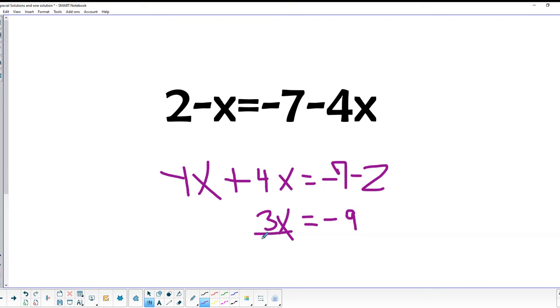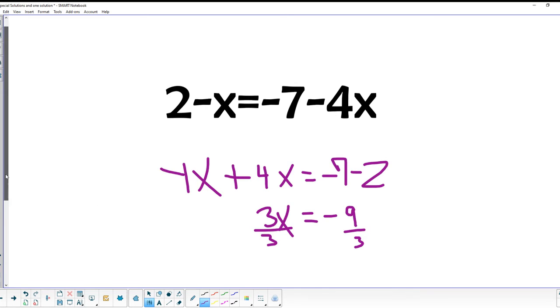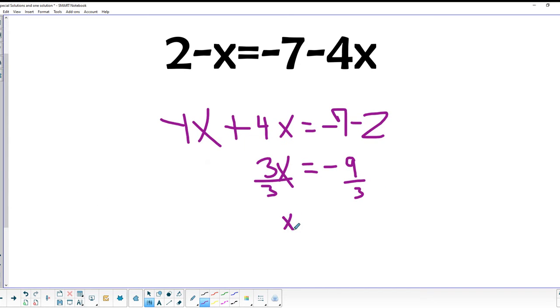So if I divide by 3, lo and behold, what do I get? Well, I get x equals negative 3. So that's got one solution, and it's negative 3.